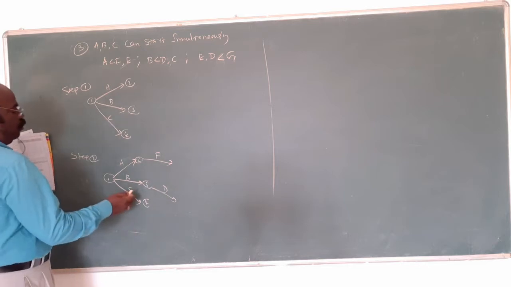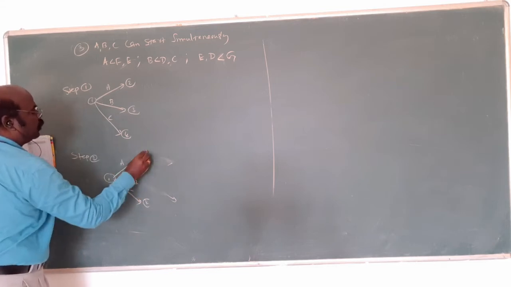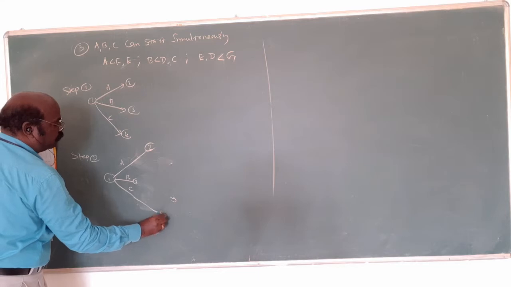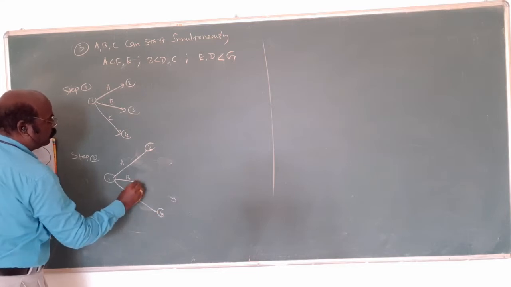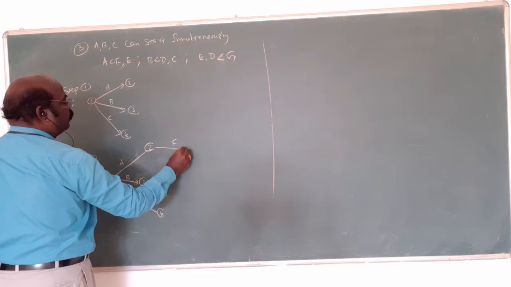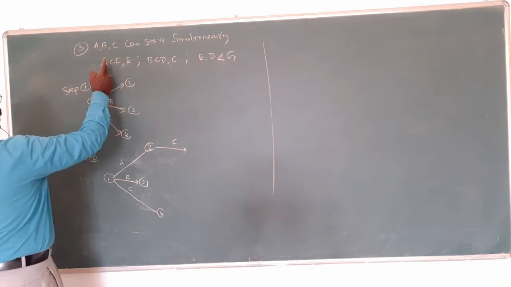Next, here should be here 3. Now this is F. Alright. Next one. Before E is what?